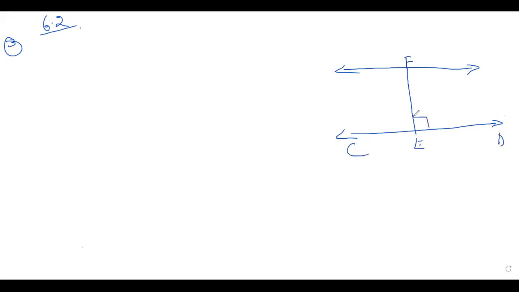So it is 90 degree. Perpendicular means the angle between the two lines will be 90 degree. This is 90, A, B, and G.